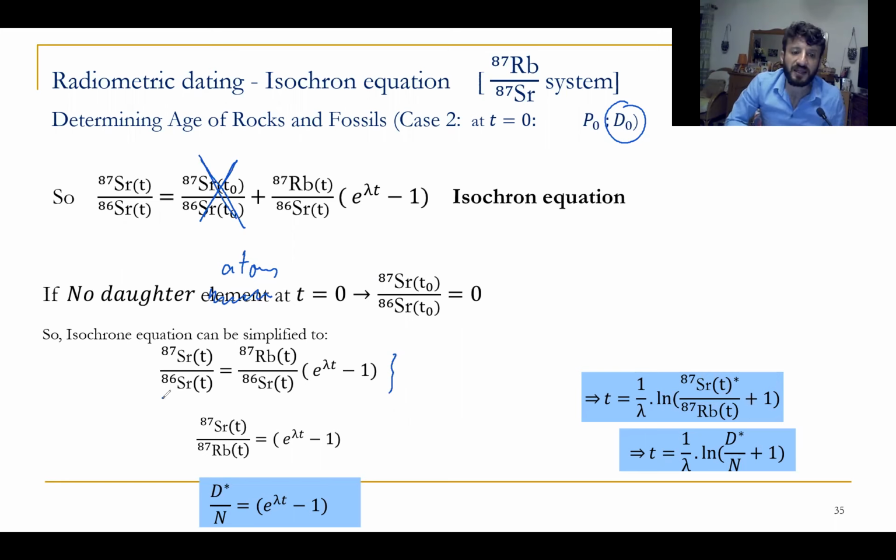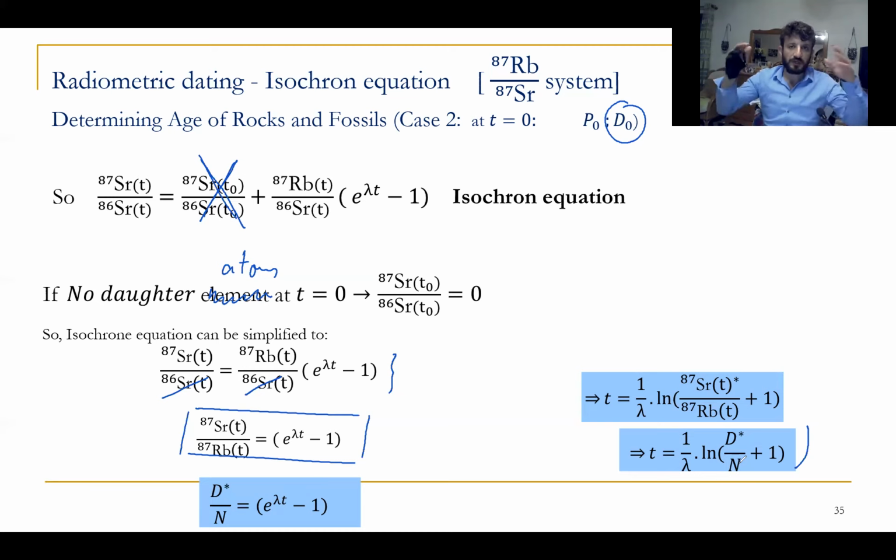We can eliminate the same term of strontium 86. We get the daughter divided by parent equals exponential lambda t minus 1. It's the same expression as in case 1, where we don't have any stable atom at T0, and we calculate the value of t the same way.